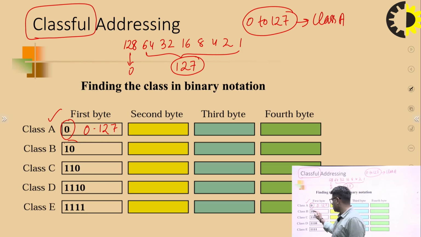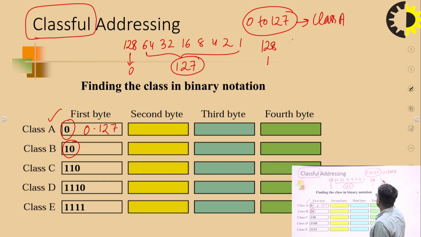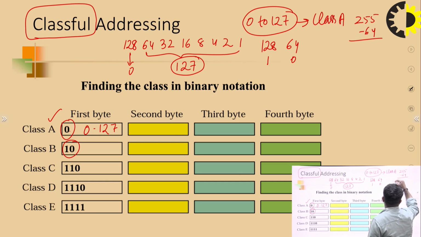Similarly, 10. By 10 we mean 128 is there, but 64 is not there. That means 255 minus 64, we will have 5 minus 4, 1, 25 minus 6, 191. Okay.